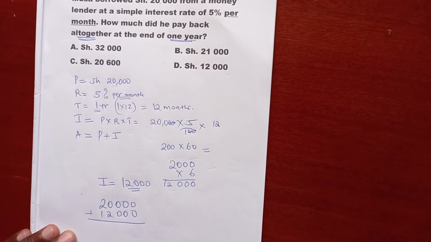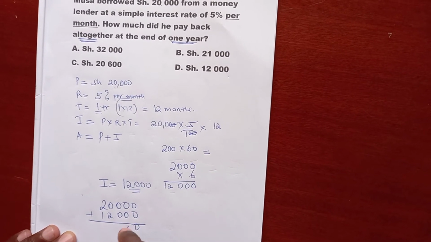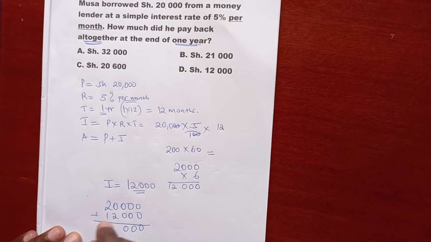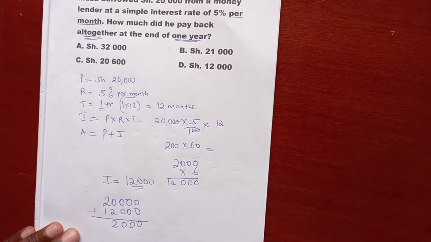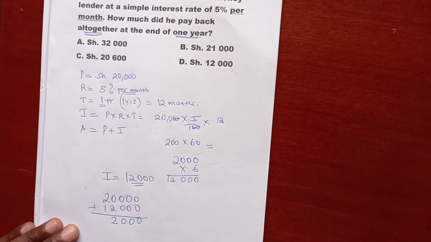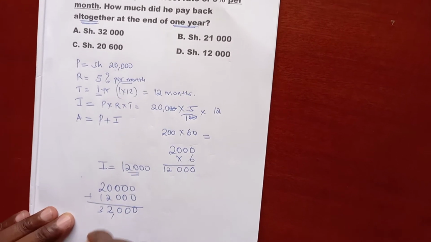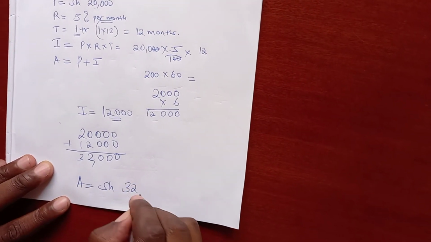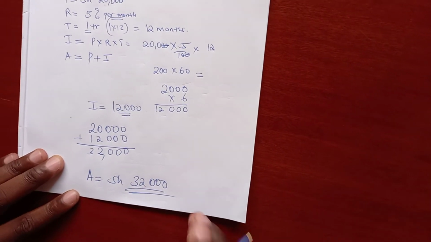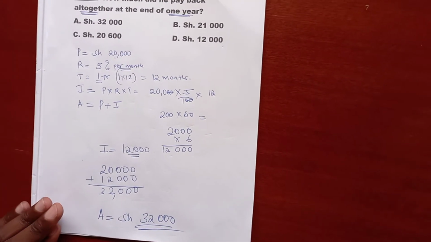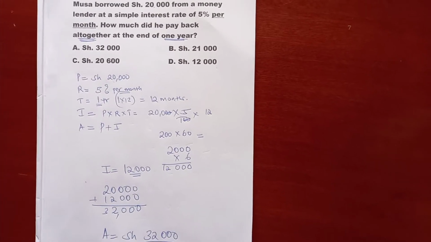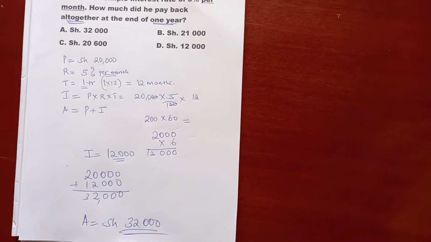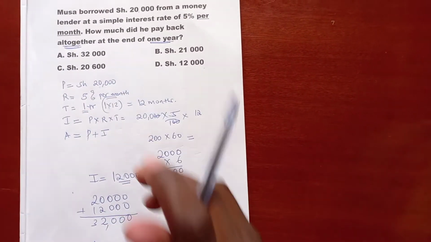We add 0 plus 0, 0, 0 plus 0, 0, 0 plus 0, 0, 0 plus 2, 2, 2 plus 1, 3. So our amount is shillings 32,000. Learners, I hope you'll be able to know the difference between per month and per annum.